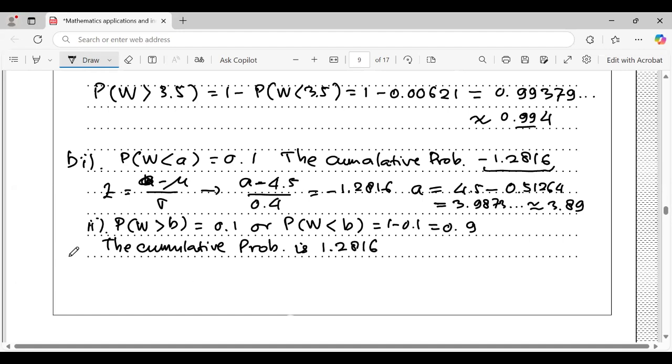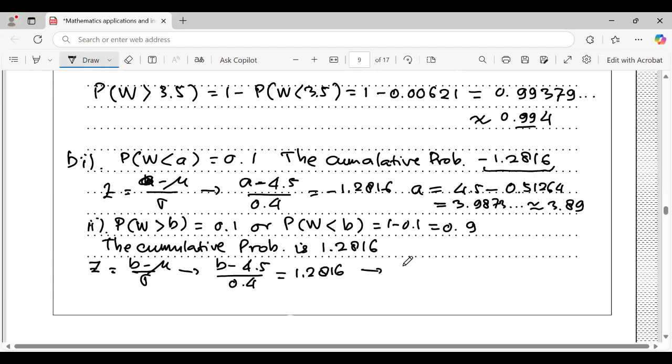1.2816. So Z equals B minus mu over the standard deviation. So B minus 4.5 over 0.4 equals 1.2816.